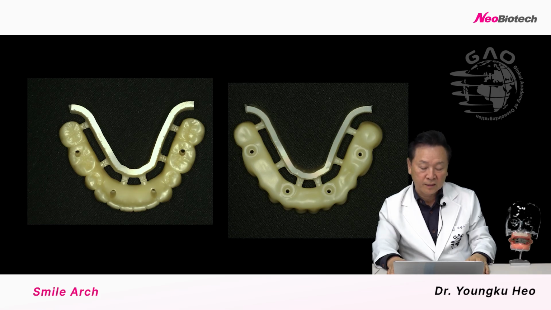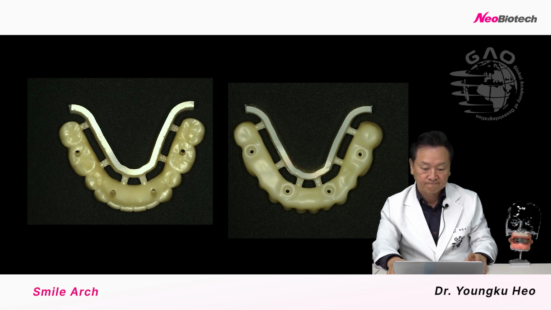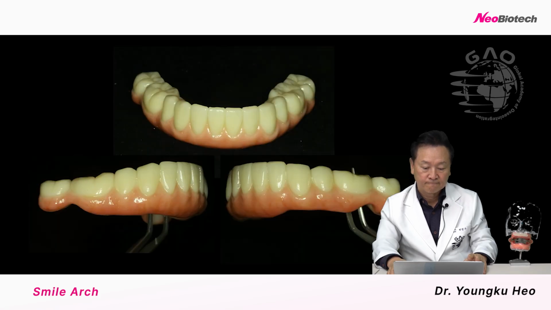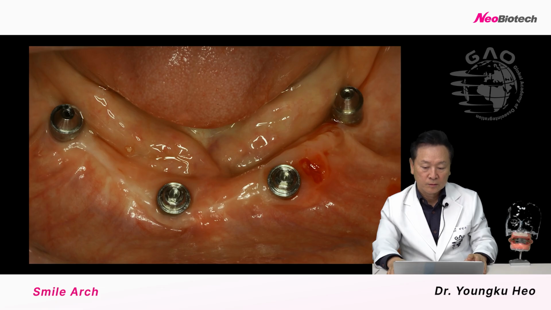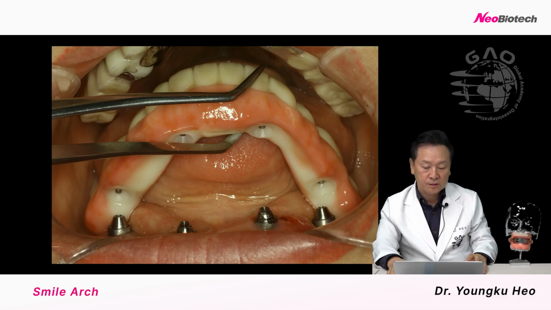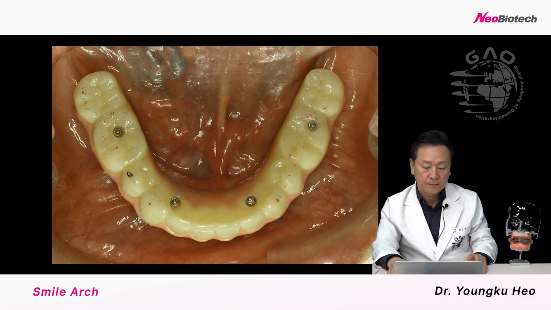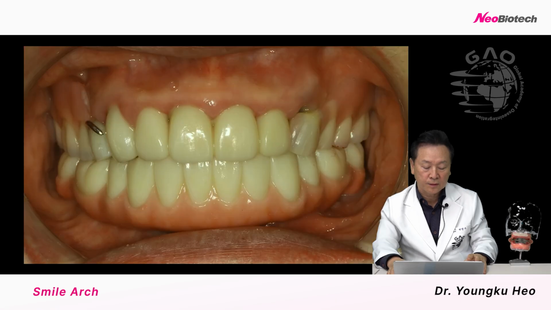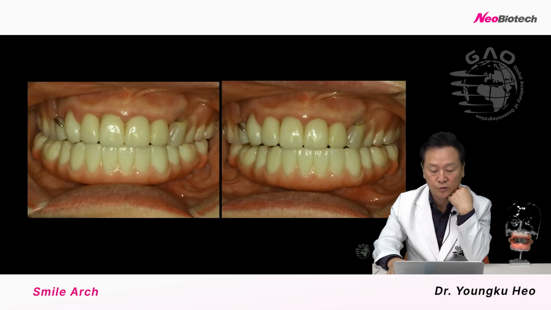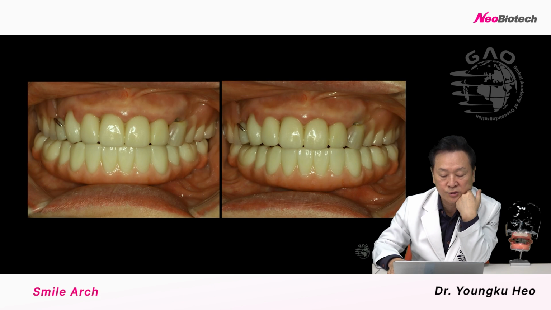It should be very bulky, okay, and it should be very accurate. So on top of these MUAs, we just screw down so that we can finish this case. So this is the regular procedure for the one arch and full arch case.